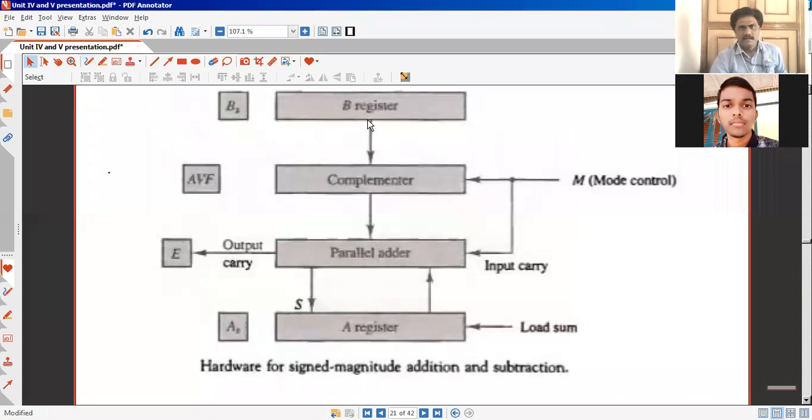Suppose the mode is 0, that means I'm going to add. So directly in the parallel adder I'll be adding A and B, and if any carry is there, that carry will be here, and finally after some delay, the carry will be in AVF, the overall flag.